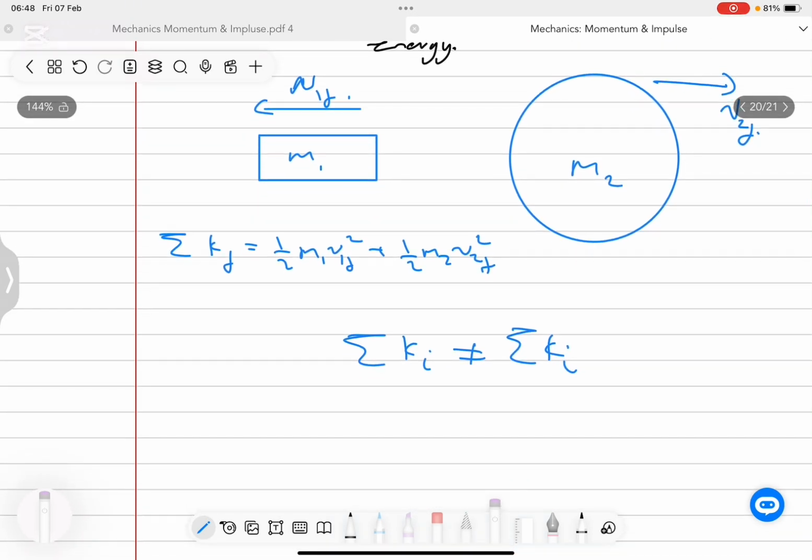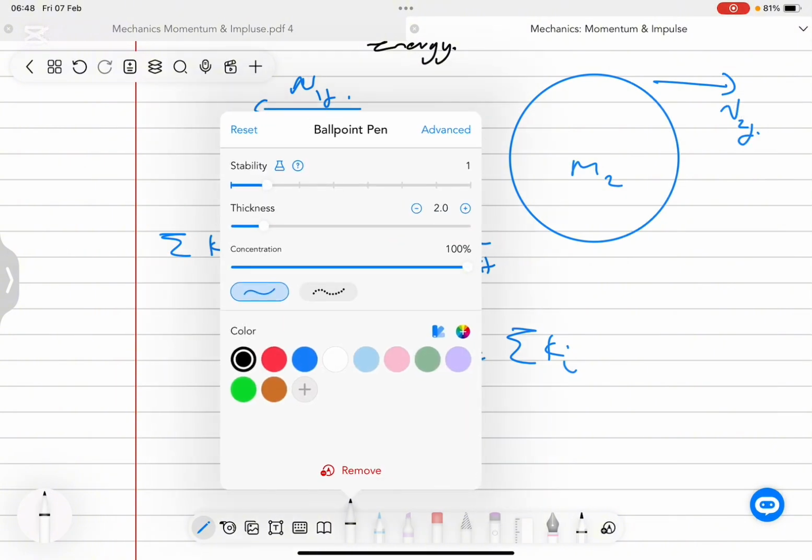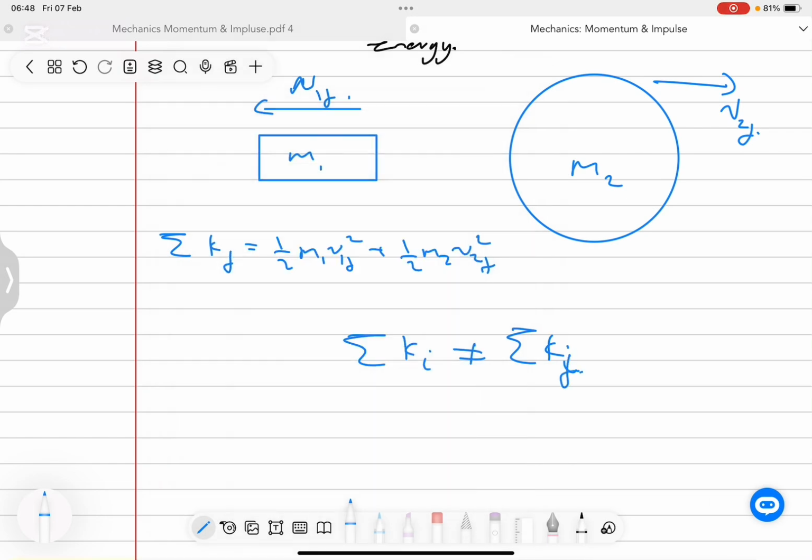That's why when you compare the total kinetic energy before collision and after collision, here it's final, not initial, the two kinetic energies will not be the same. It's because some of the energy has been converted. And very important, energy is not lost or destroyed.